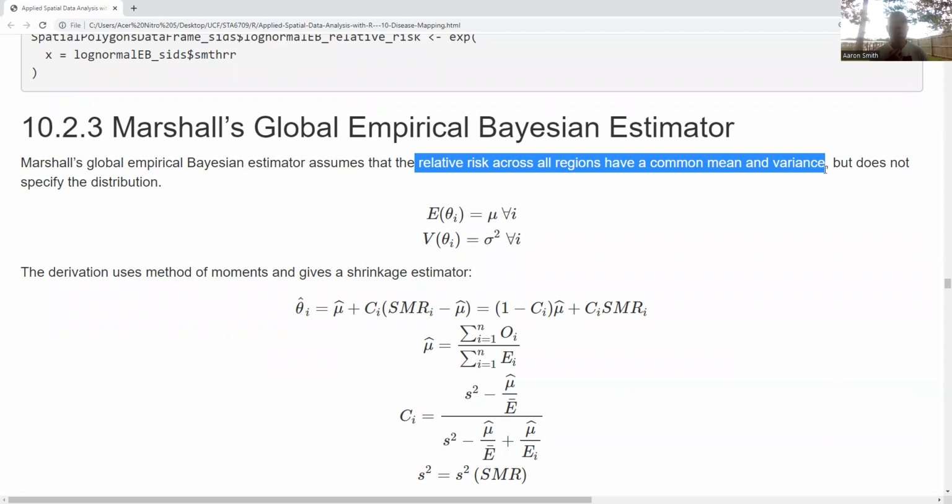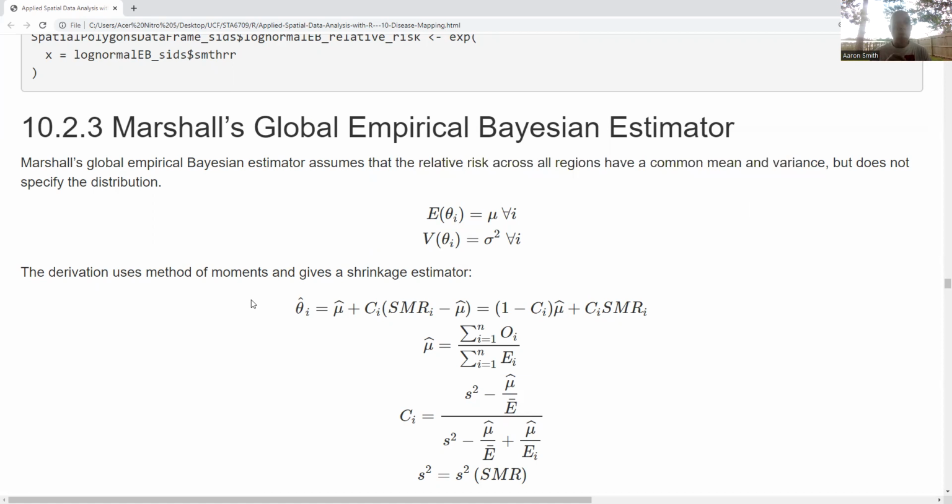If we don't think that the assumptions that we've had previously of Gaussian, Poisson, negative binomial, and normal apply to the situation, maybe we believe that the probability distribution aspect is so exotic that we don't want to use those modeling assumptions, we can go with this particular global method. It does not use any particular distribution. It just specifies expected value and variance is constant across the regions.